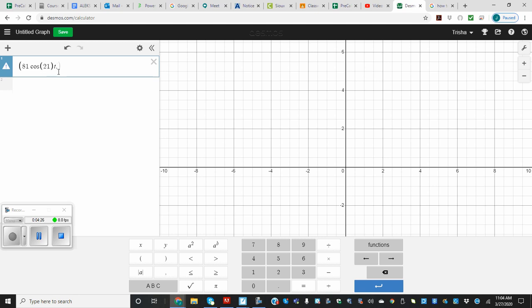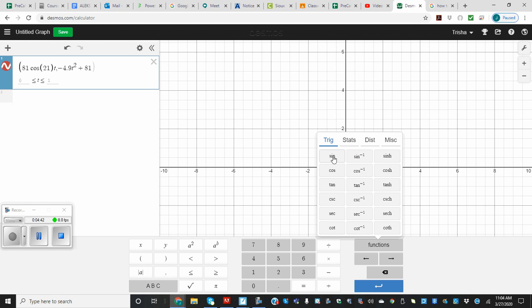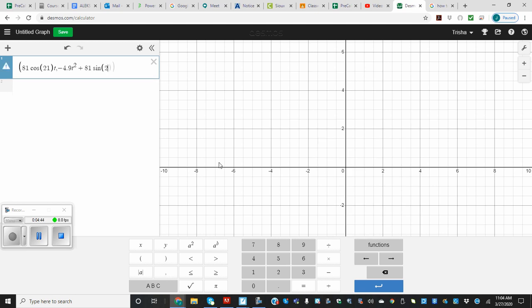And now we're going to type in our y equation, which was negative 4.9 t squared. The squared is right here, so I'm going to hit the squared. And then I'm going to do plus 81 sine t. So again, I'm going to hit the functions button here. And I'm going to put the 21 in here, the t on the outside, and then we're going to do the plus 5.